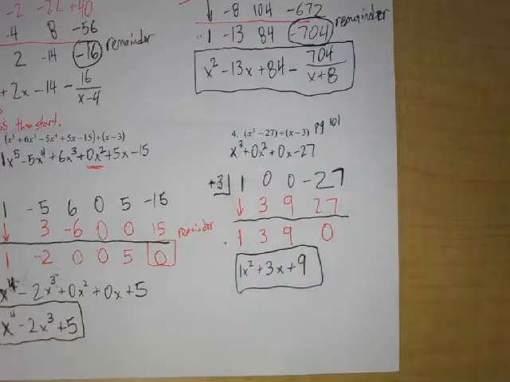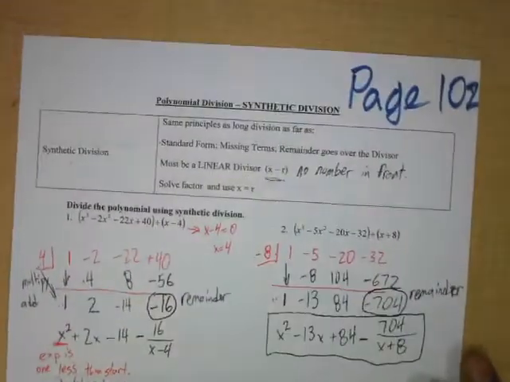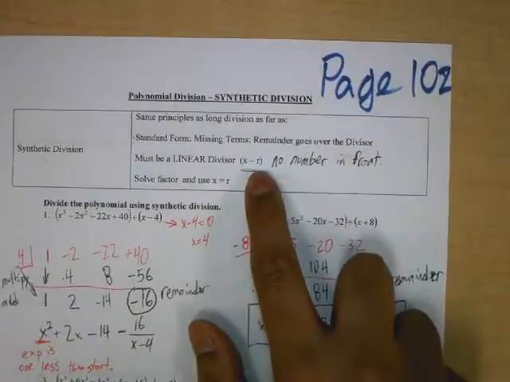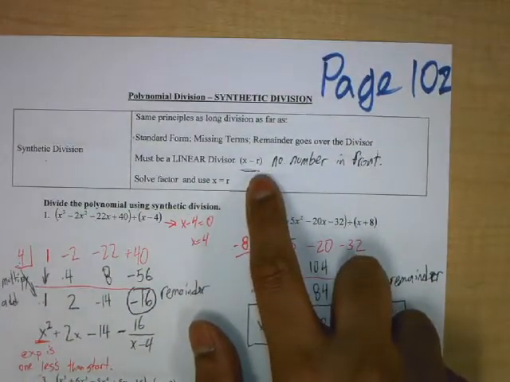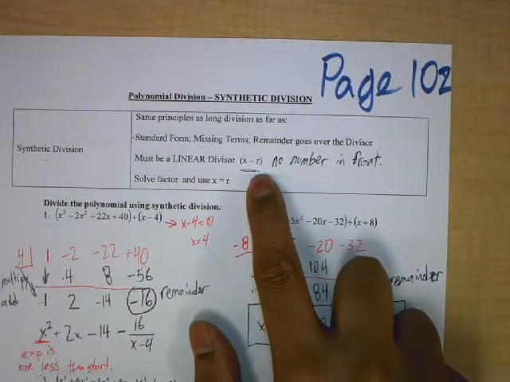If you go back and look at your long division notes, you'll see that we had to write out significantly more stuff. So very handy tool, but remember the restriction for this: your synthetic division setup only works if this is a linear divisor. There is no number in front.